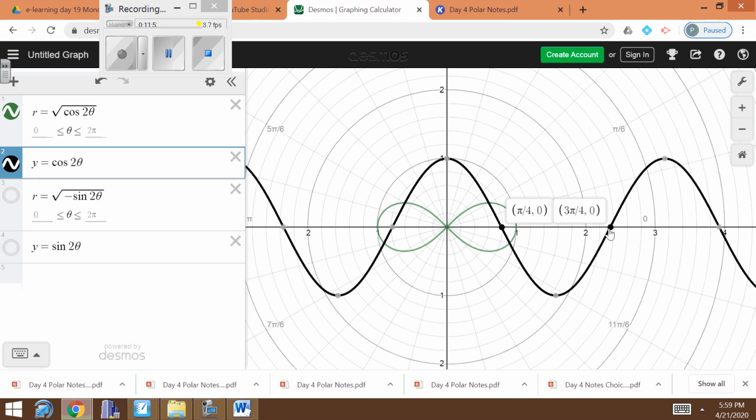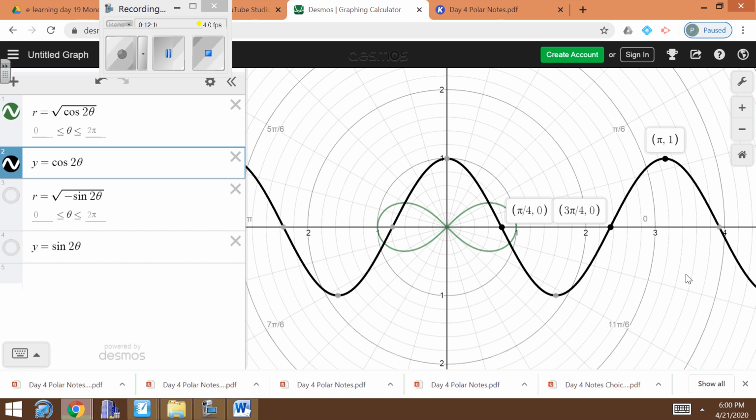Then at 3 pi over 4, it picks back up. And that r value, if you follow along with my arrow, once again is getting bigger and bigger, which means r squared is increasing all the way up to pi where it's 1. So as I'm getting further and further away from the pole, it's getting closer and closer to that 1. Right here it's pi and 1 at this point.